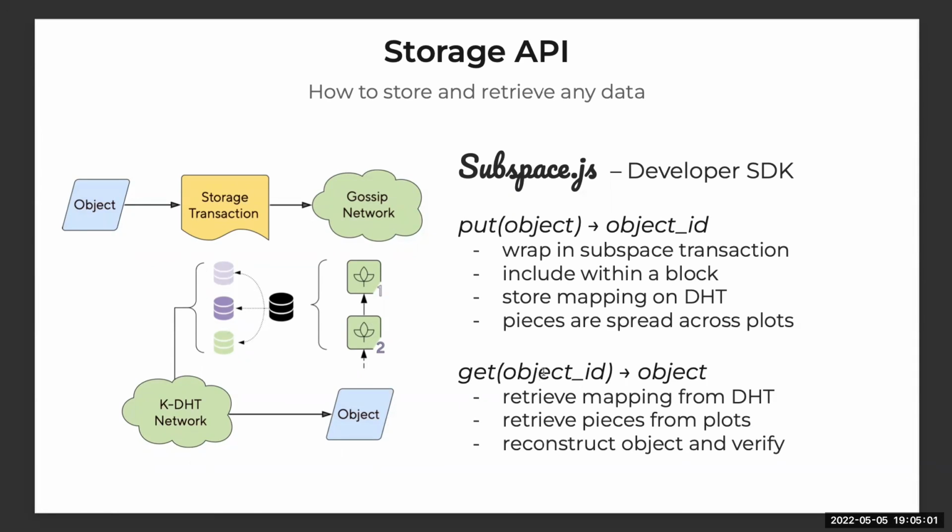And then if you ever want to get the object back out, you just call it by its ID, which is just the hash of the object. So it's content addressed. The object is sliced into pieces, just like we have the pieces of our blockchain. These objects become part of the blockchain and get sliced into these pieces. So you retrieve these pieces and you reconstruct the object, and you can just hash the reconstruction to verify that it actually is the object that you wanted.